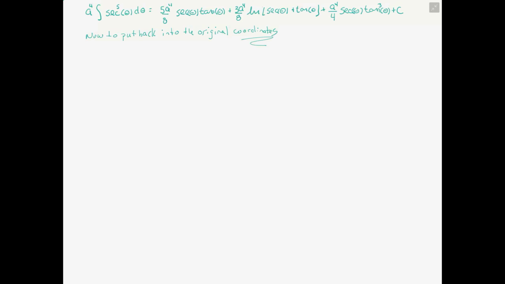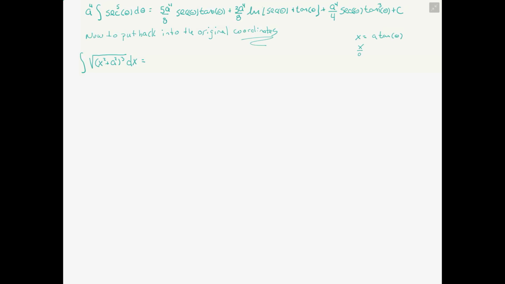Now it's a matter of putting all of this above expression back into the original variable, which is x. So we know that our first integral, a to the fourth secant to the fifth theta d theta, is the original integral, x squared plus a squared to the third dx. But we have to go back to our original trigonometric substitution, x equals a tangent theta.